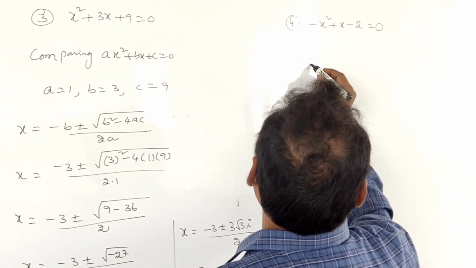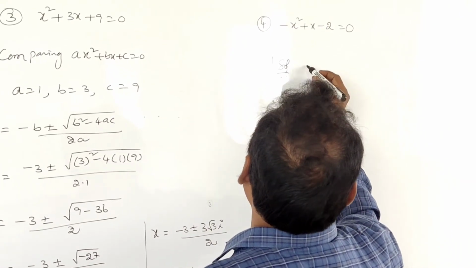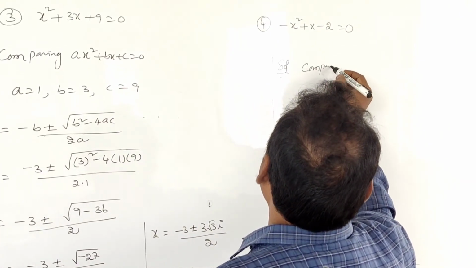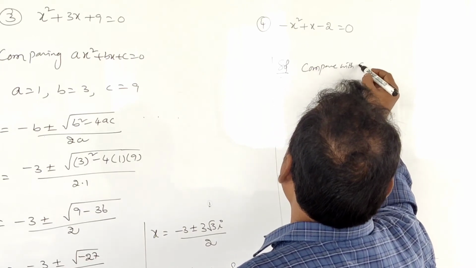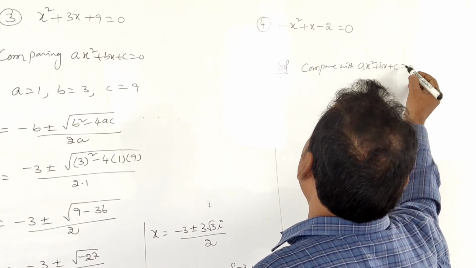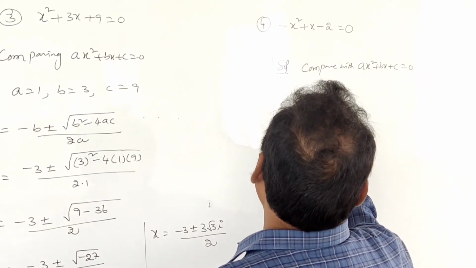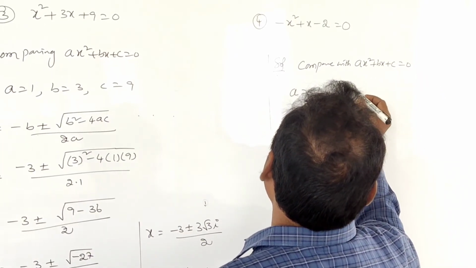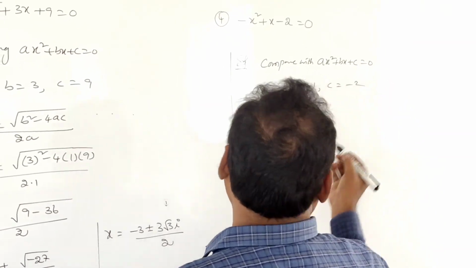Solution. So this is also in the format of, compare with ax square plus bx plus c equal to 0. So a becomes here minus 1, b becomes plus 1, c becomes minus 2.